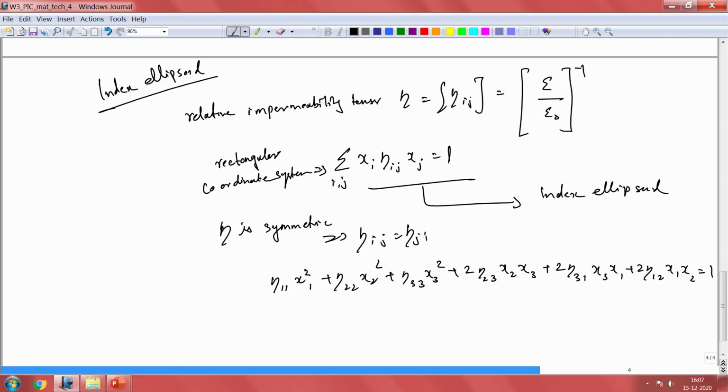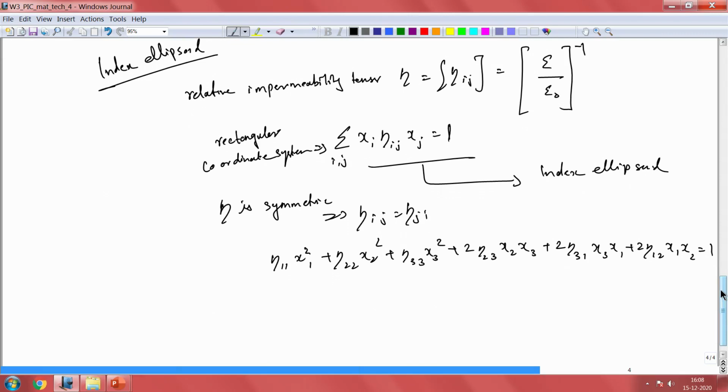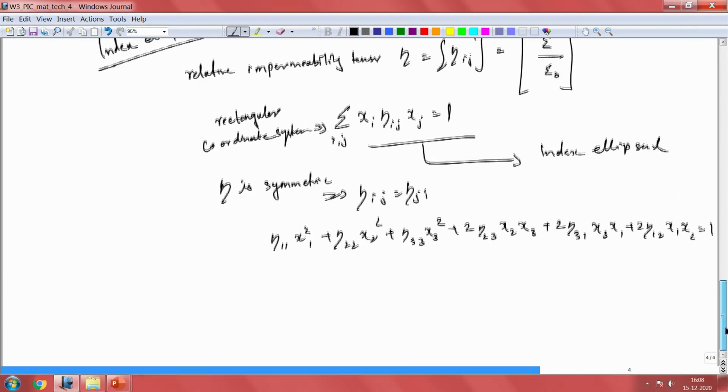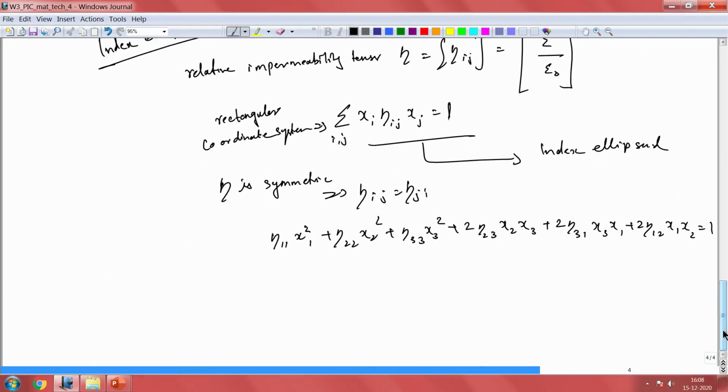Because your epsilon is symmetric in nature, your relative impermeability will also be symmetric in nature. So you can nicely summarize it, or deduce it into this form, right. So the index ellipsoid equation that we have here is invariant with respect to rotation, right. So if you change the orientation, right, if you rotate it at a certain angle with respect to a position in space, then whatever equation you have you can still use it.